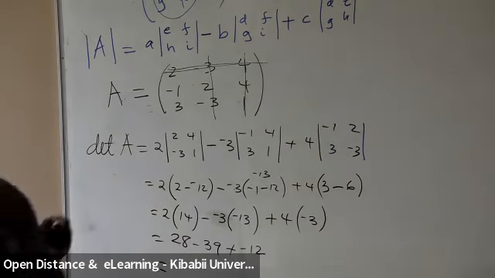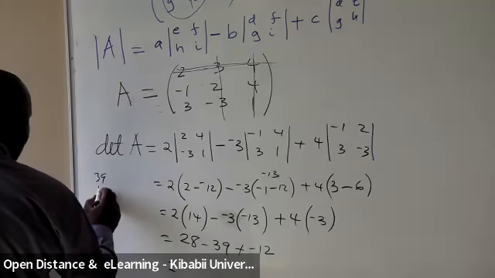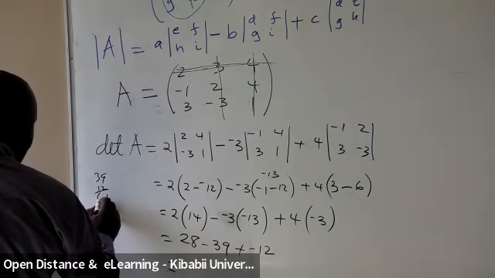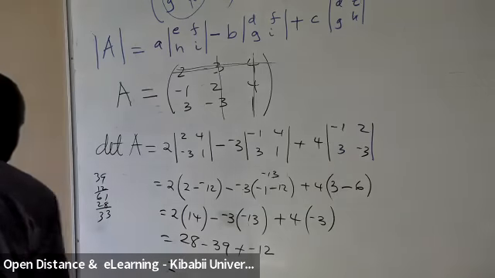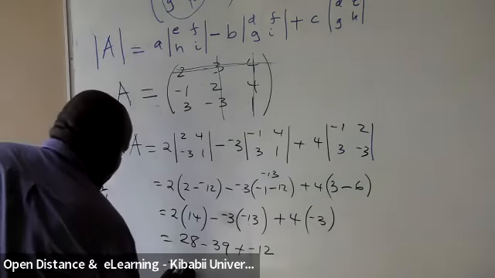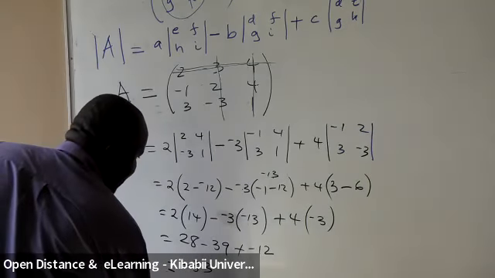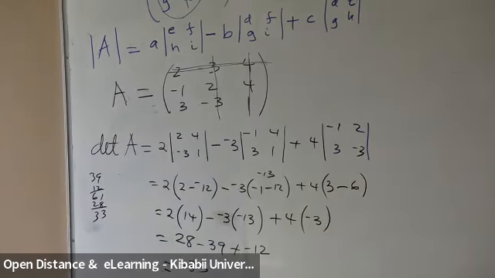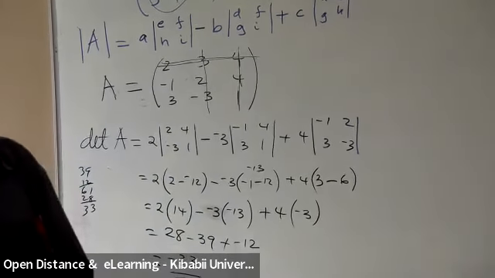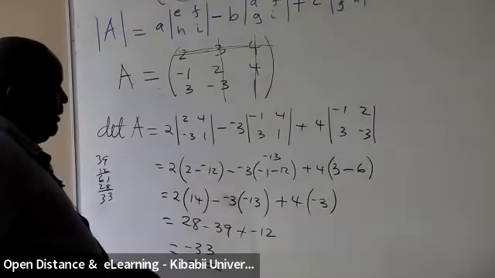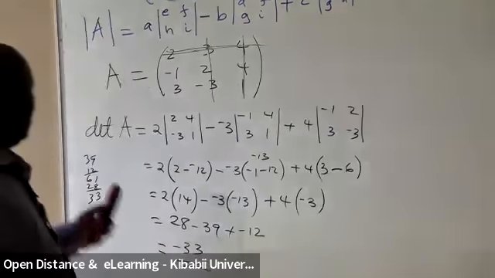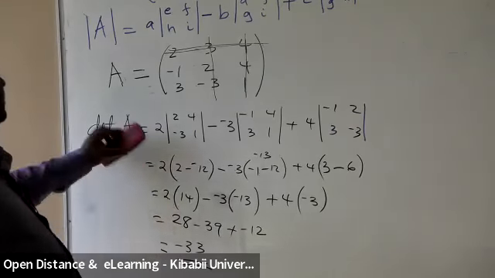So that's 39 plus 12, 51, minus 28, 23. So this should give you -23. So -23 is the determinant.